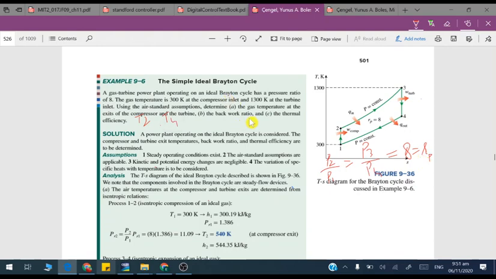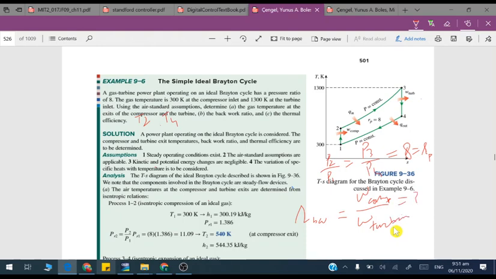The back work ratio. Back work ratio basically is the ratio of compressor work divided by turbine work. So the back work ratio is represented by RBW, and it is equal to the compressor work, W compressor, which is input, and W turbine, which is output.